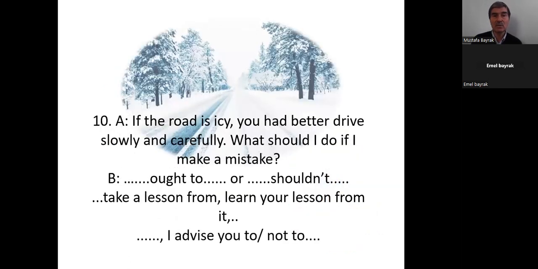Dialogue 10, if the road is icy, you should, you had better drive slowly and carefully. What should I do if I make a mistake? If you make a mistake, you should be sorry for it, of course, but you should take a lesson. You should take your lesson from that mistake.